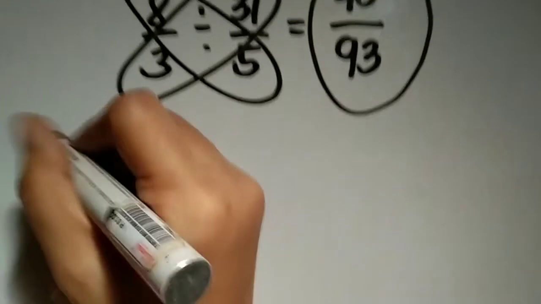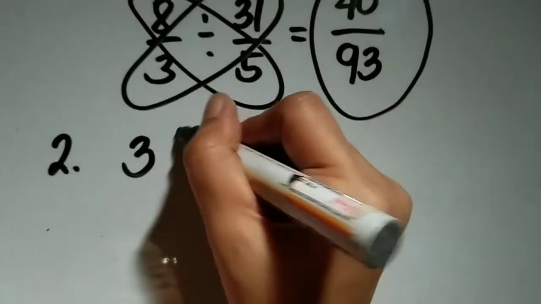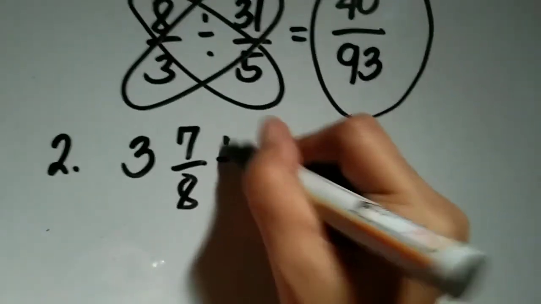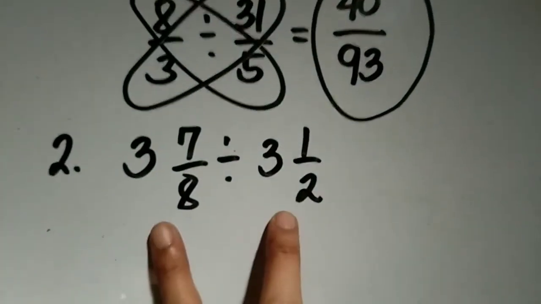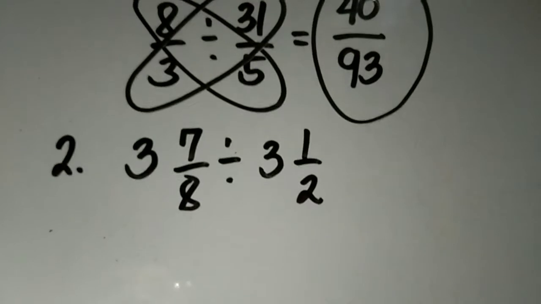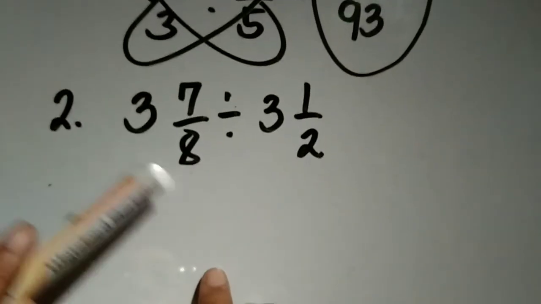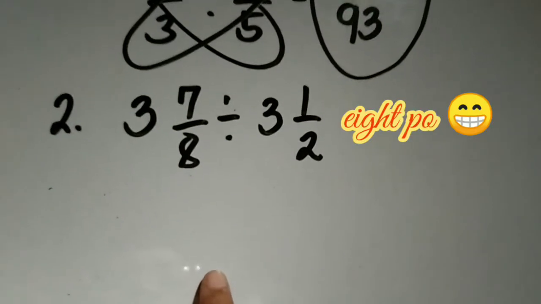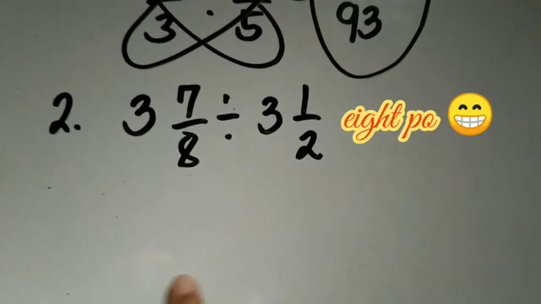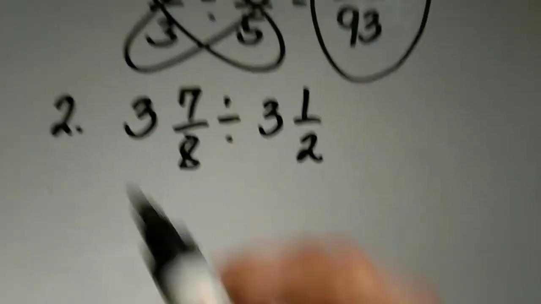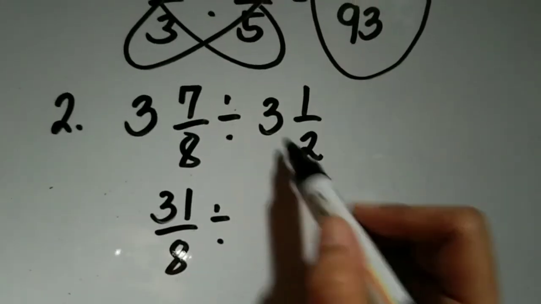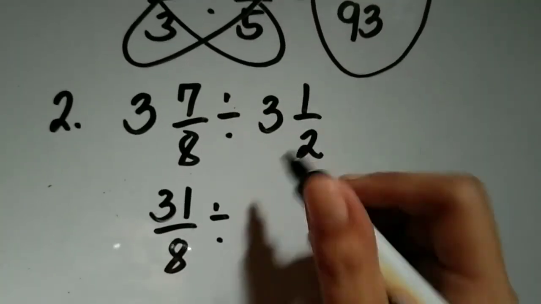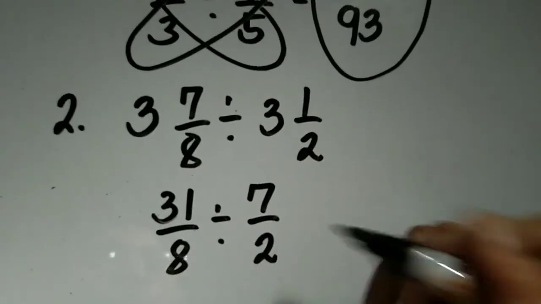So, let's have number 2. We have 3 and 7 over 8 divided by 3 and 1/2. Pag nag-divide kayo ng dalawang mixed number, change it into improper fraction. So, 3 times 7 is 24 plus 7 is equals to 31. 31 over 8 divided by 3 times 2 is 6 plus 1 is 7 over 2.